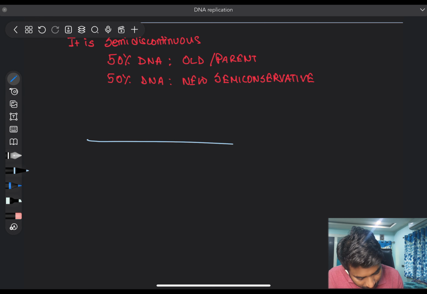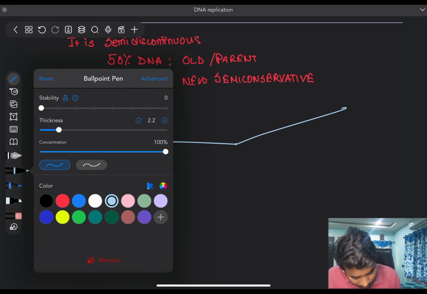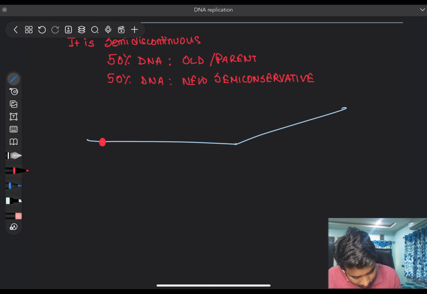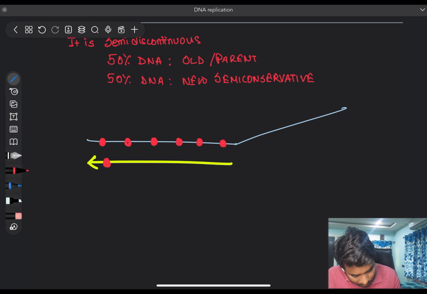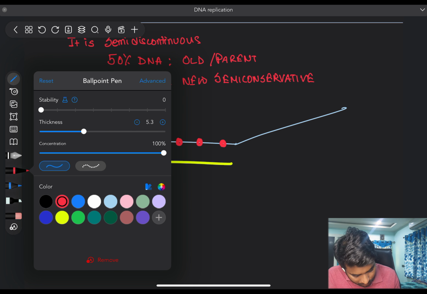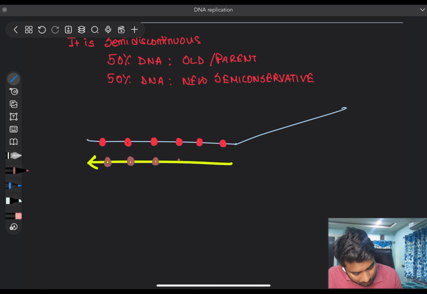Now this strand, let us name it. This strand is 5 prime and this is 3 prime.